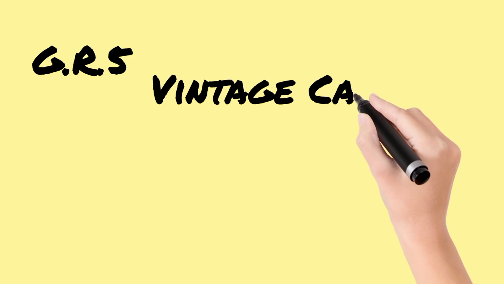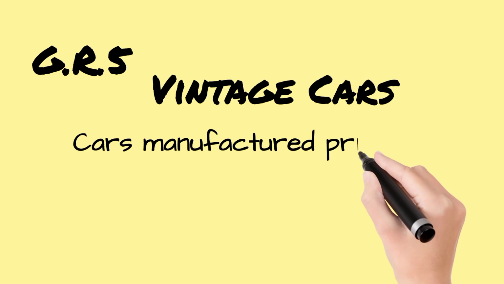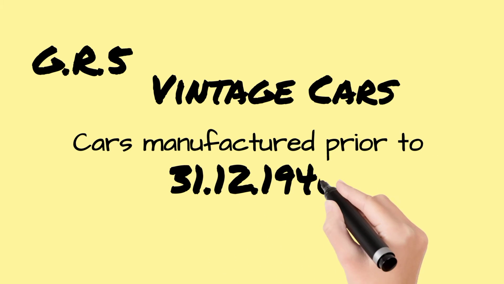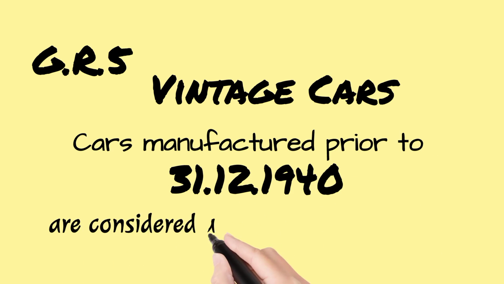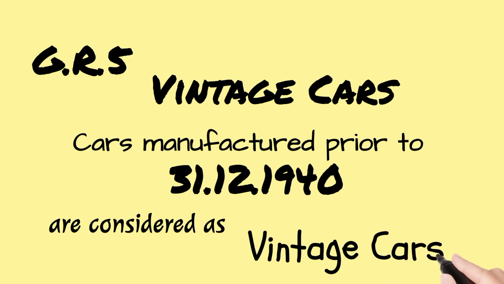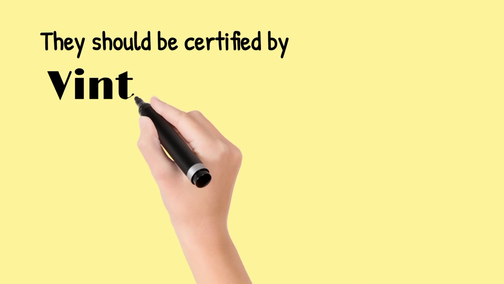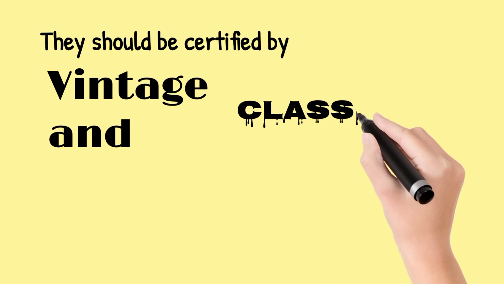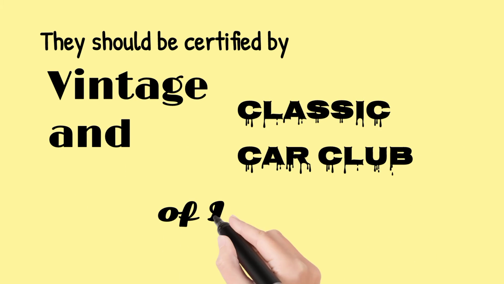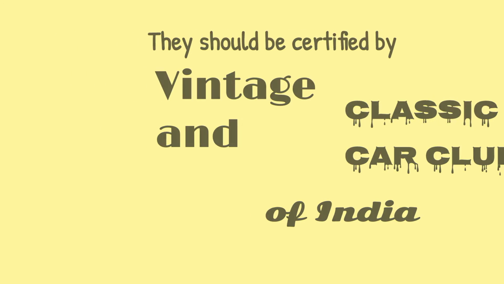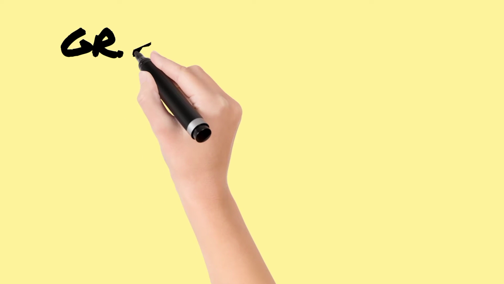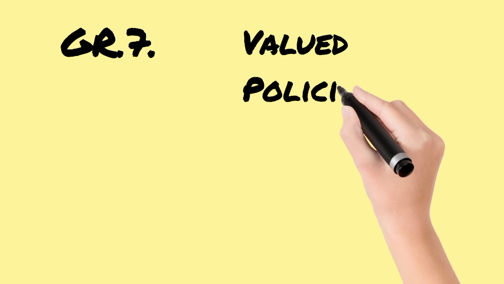GR5 Vintage cars. Cars manufactured prior to 31st-12-1940 are considered as vintage cars. They should be certified by Vintage and Classical Car Club of India. GR7 Valued policies.